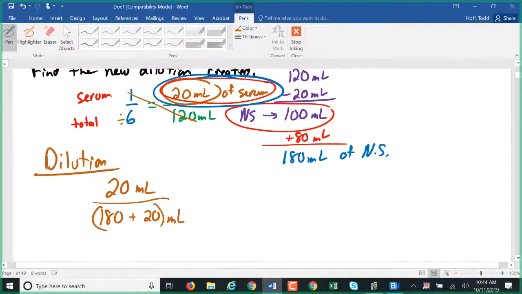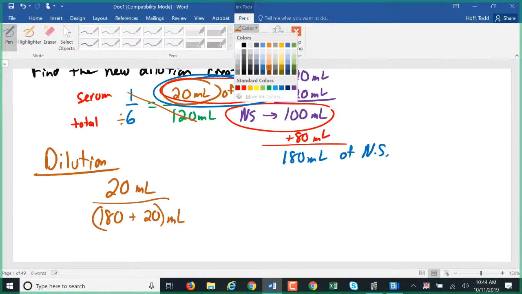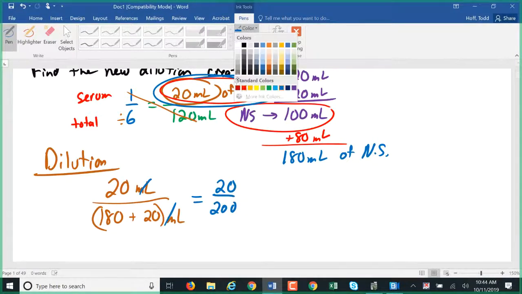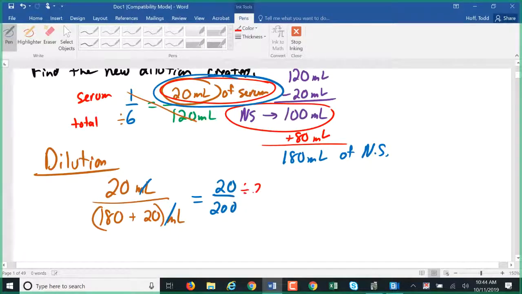Notice we had to take the saline plus the serum to get the total. So that's 20 over 200. The milliliters cancel out, and those reduce. Both of those can be divided by 20. It becomes a 1 in 10 dilution.